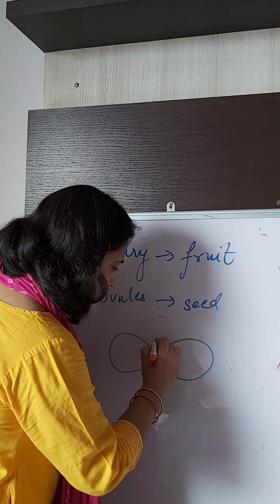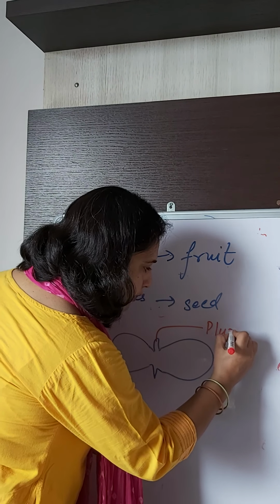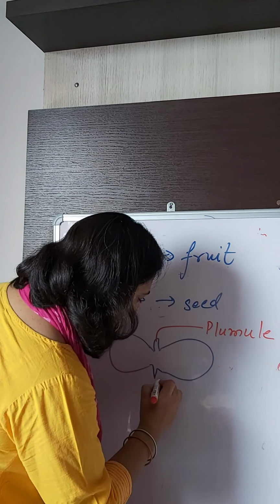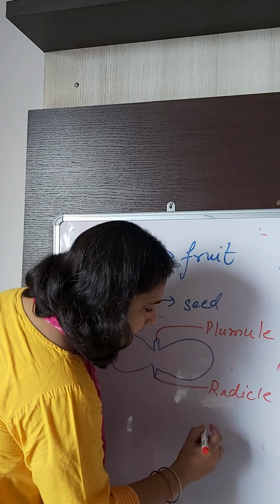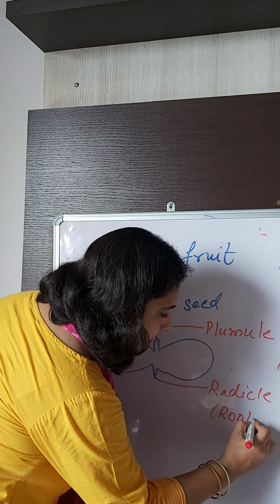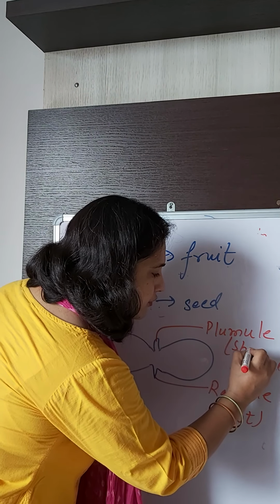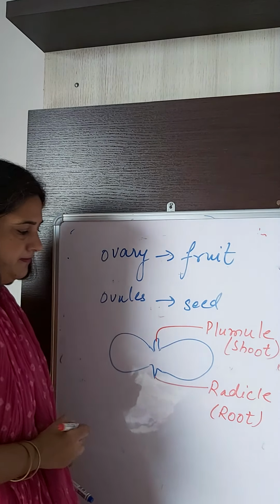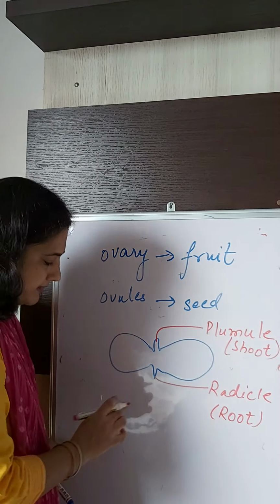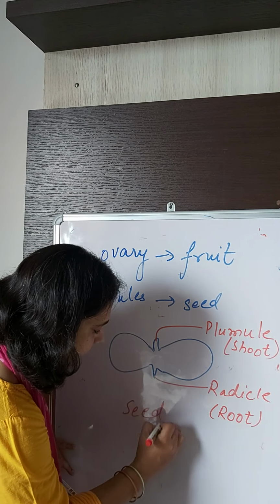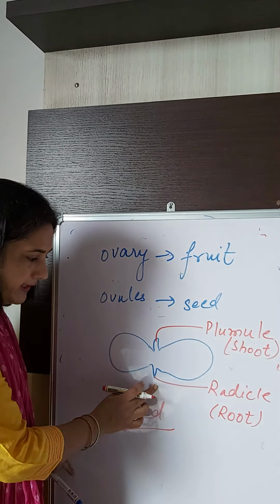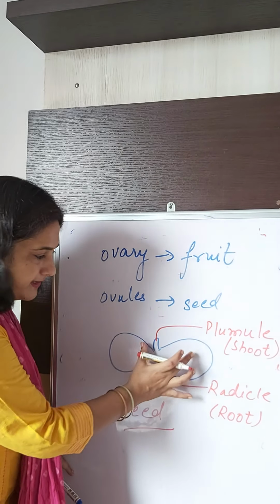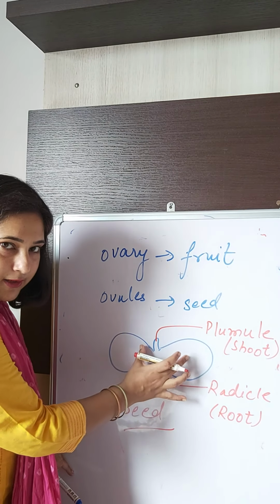This is called the plumule and this is called the radicle. The radicle develops into the root system and the plumule develops into the shoot system. This is seed germination. This is the dicot seed, the plumule part and the radicle part. These two are the cotyledons. This is an example of a dicot seed.